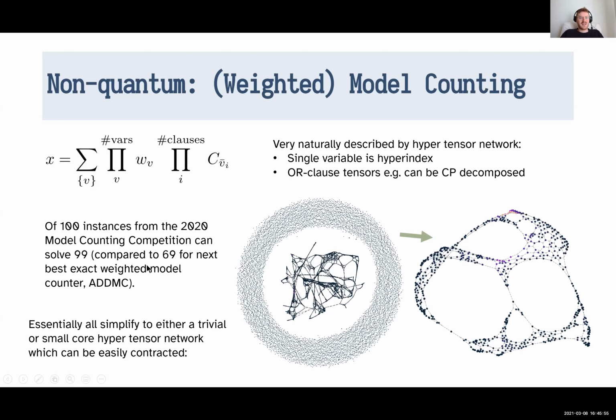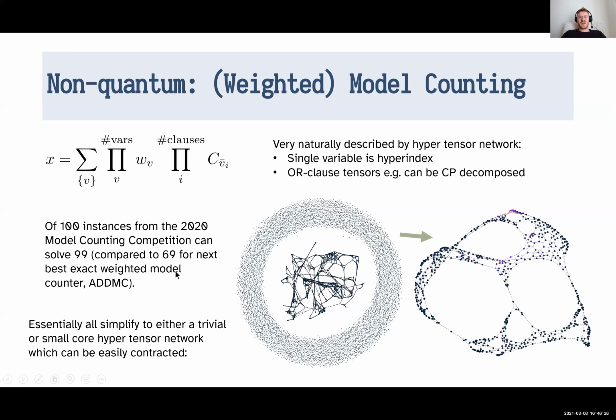And we tried applying this. In model counting, there are competitions, and we tried applying it to some hard instances of the problem to see how far we could take this. We took 100 instances, which are notionally hard, from a recent model counting competition, and we found that really mostly by the simplification procedure, 99 of these can be solved exactly.